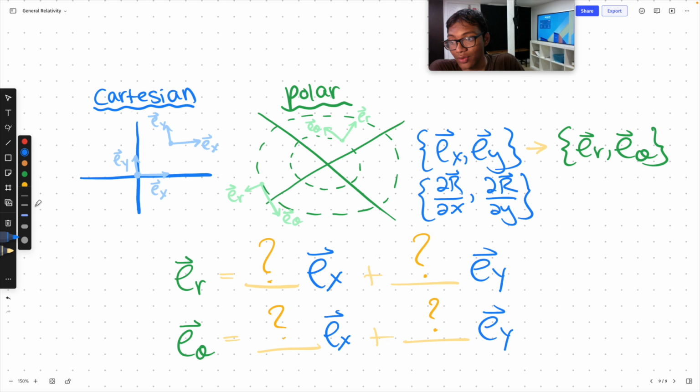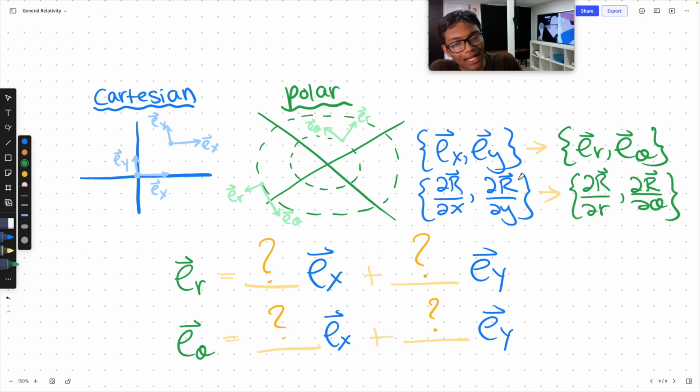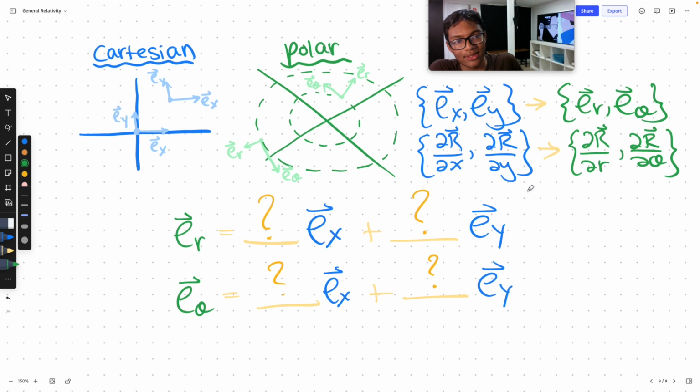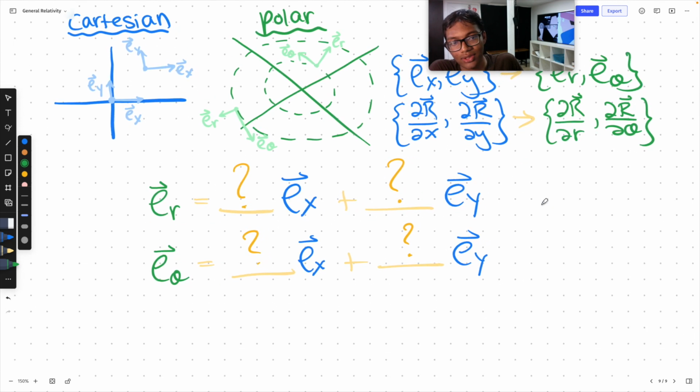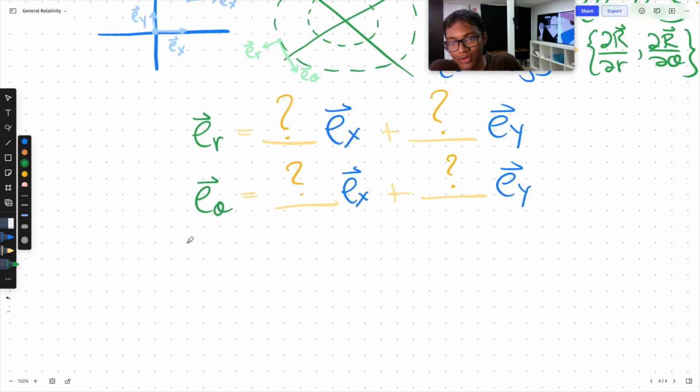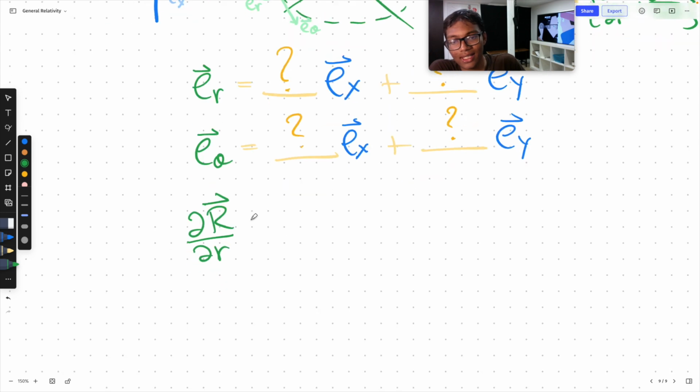And likewise, this is trying to go to the polar coordinate system. Now this question might become easier to answer, and let's see how. Instead of e sub r, I'm going to replace that with partial r, partial lowercase r. And instead of e sub theta, let's replace that with partial r, partial theta.